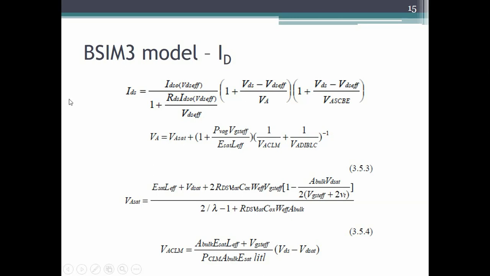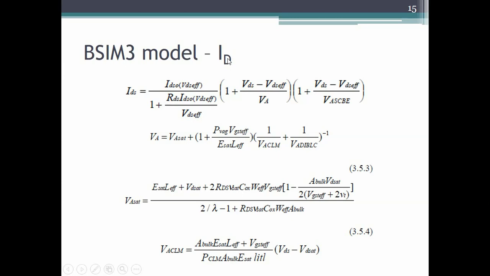So the IDS has a VA, there is a VASAT which is this, VACLM is this, just to show you. In fact, if you were to write out the expressions for each of these terms, it would fill about 2.5 pages. So the BSIM3 model for the drain current of a MOSFET is very complicated. It is complicated because the MOSFET is a very complicated device and it has a large number of physical effects that must be incorporated.